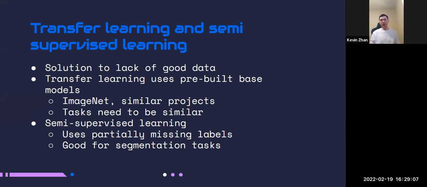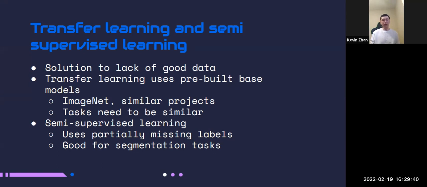Instead of using the ImageNet transfer learning model, you could look through GitHub or research papers to find a similar model that detects a similar disease for fundus, and use their model as the base or the backbone for your model, right? So it's important to be careful, because transfer learning is not always applicable. If the projects are too dissimilar, it is likely to not work.